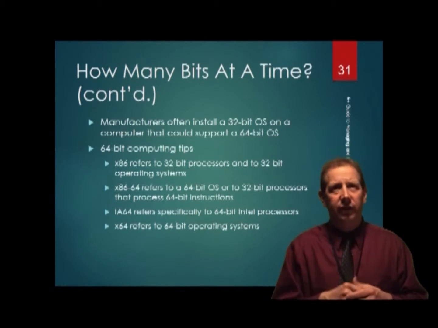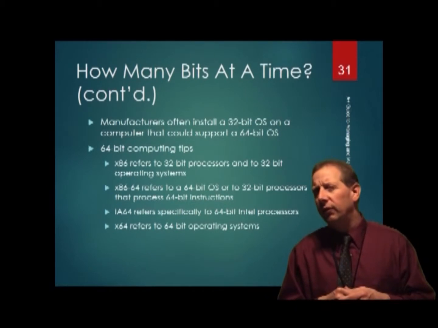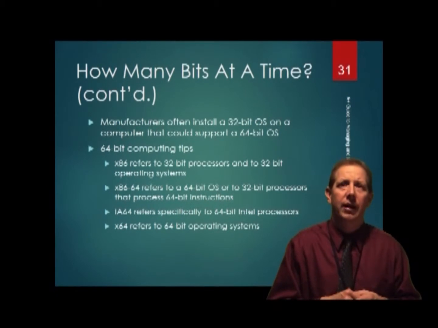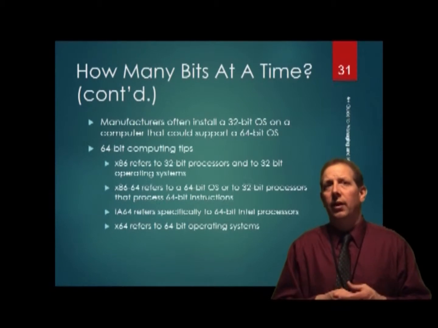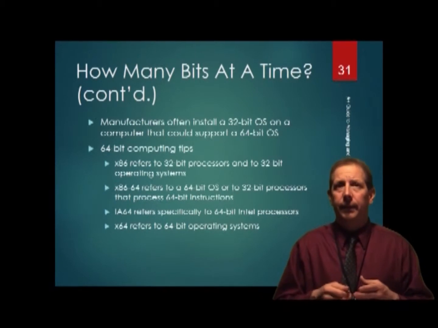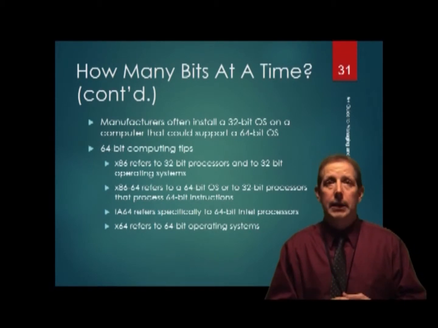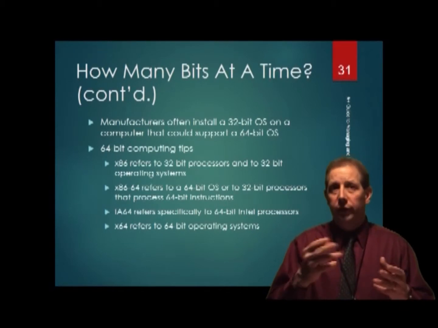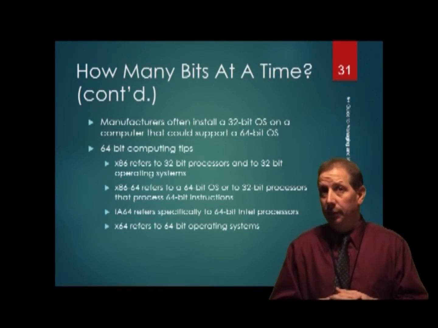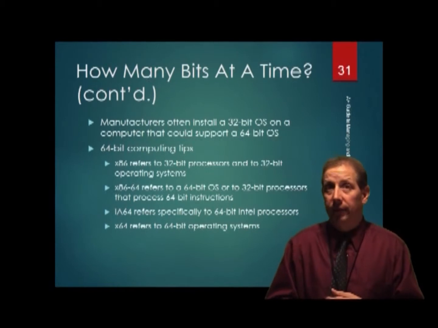The term IA64 refers specifically to the 64-bit Intel processors, such as the Xeon or the Itanium. Now, for example, you are selecting a utility to download from the Microsoft website. And one choice of utilities specifies an IA64 platform.